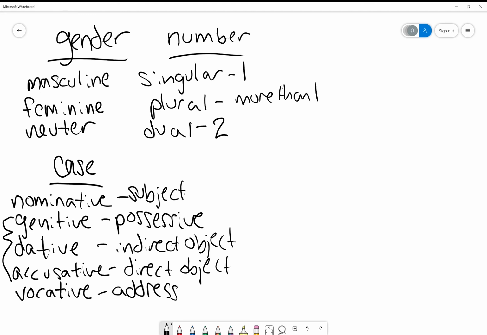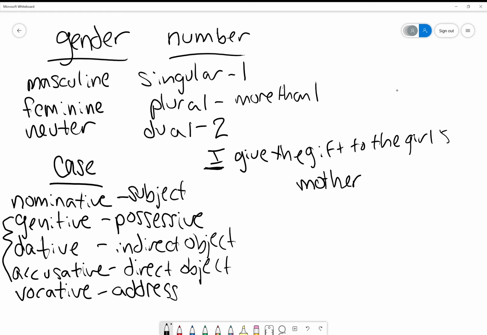So in the sentence, I give the gift to the girl's mother.